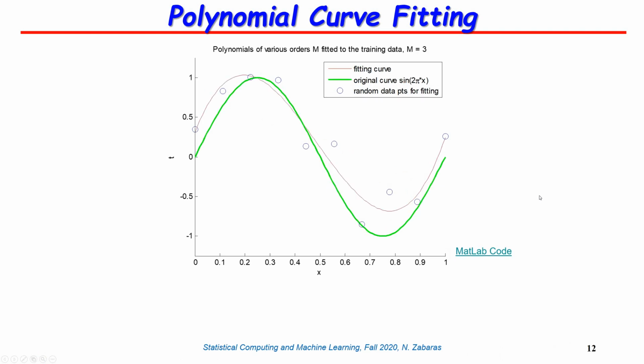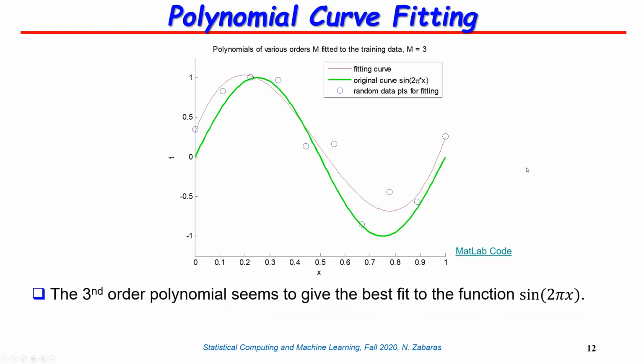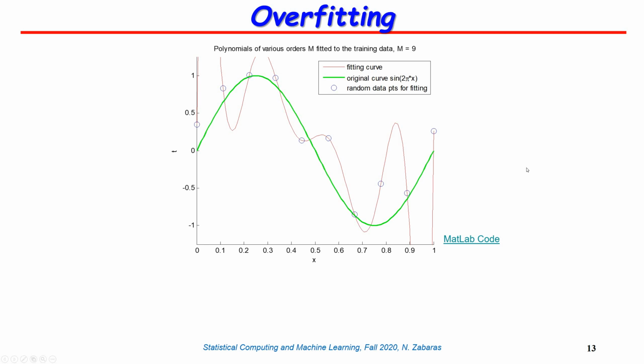Now, if we use a third order polynomial, you can see now that the fitting is way better, okay? And if you keep increasing and you go to m equal to 9, now you learn what overfitting is, right? Your training error has become 0 because you can pass your regression function through all the training points.